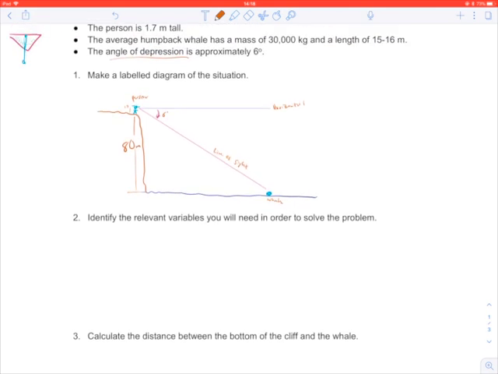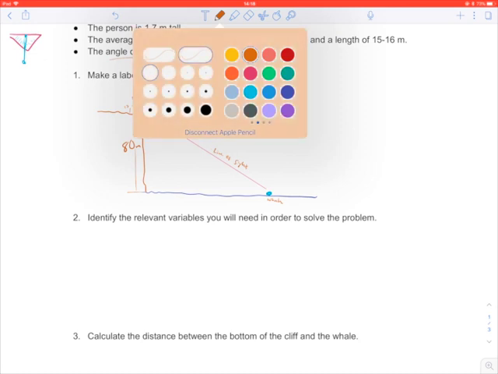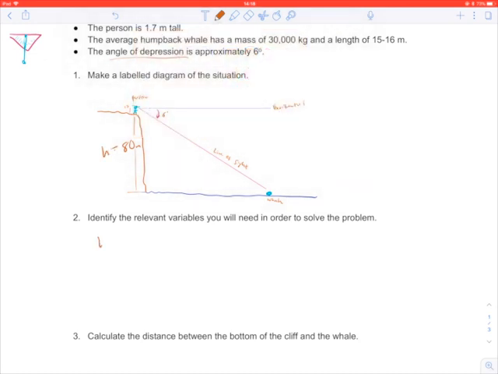Identify relevant variables. Well, we might want to say let h be the height of the cliff. Maybe t be how tall the person is.